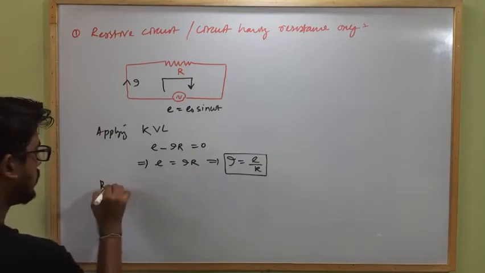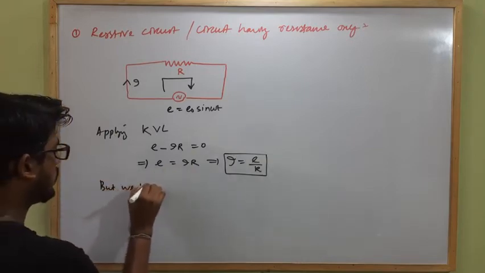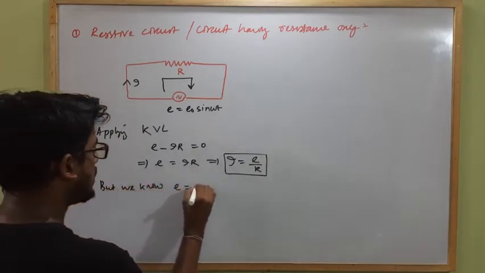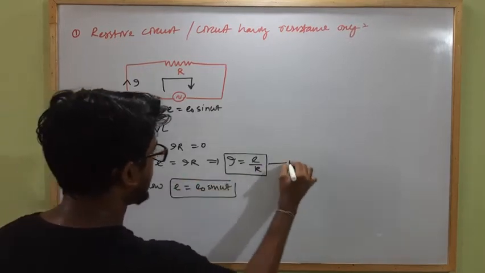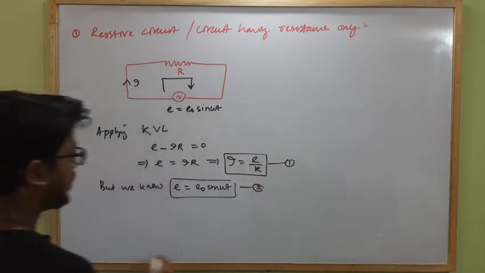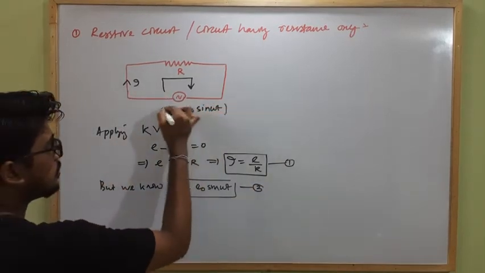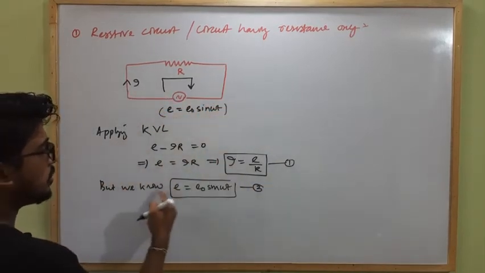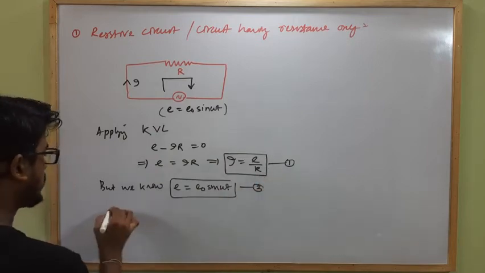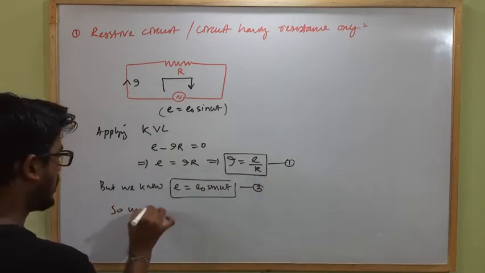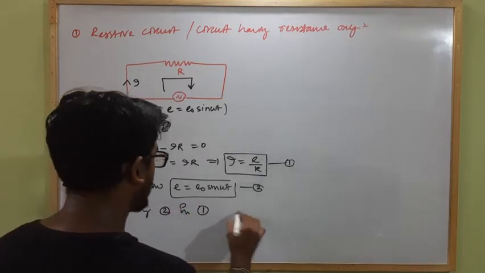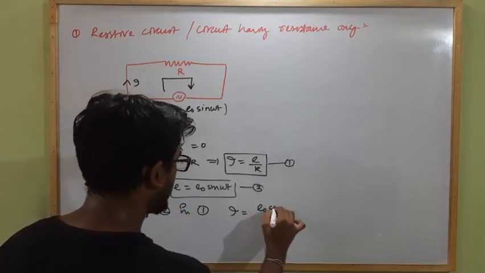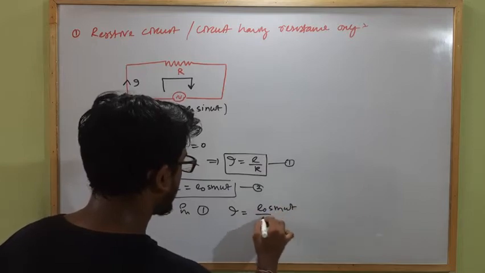But we know what E is: E equal to E naught sin omega t, because this is the value of the alternating EMF. So using 2 in 1, we will get I equal to E naught sin omega t by R.